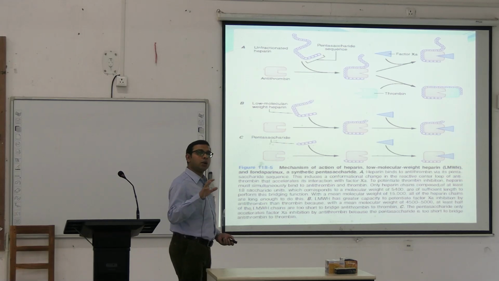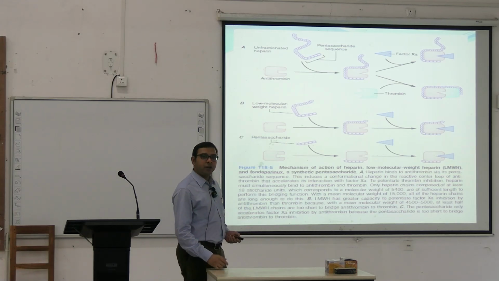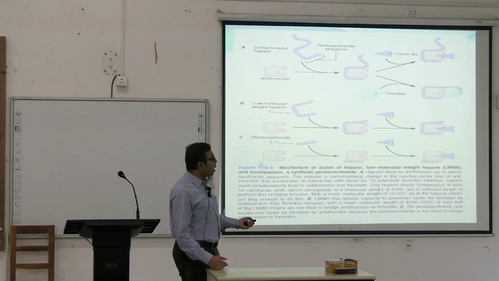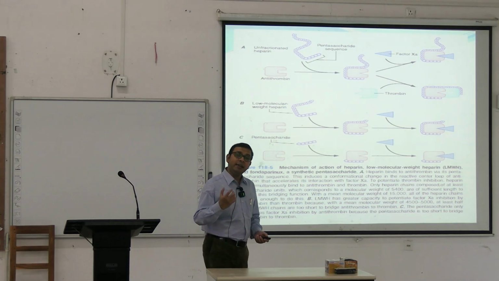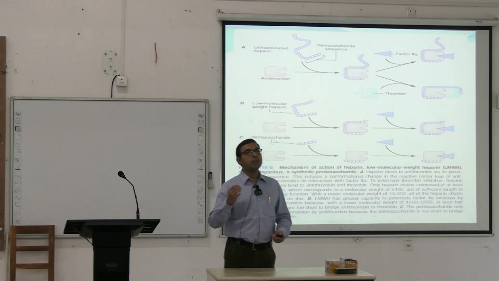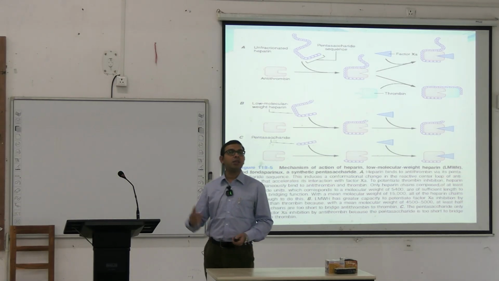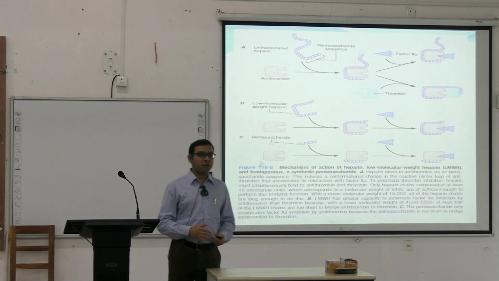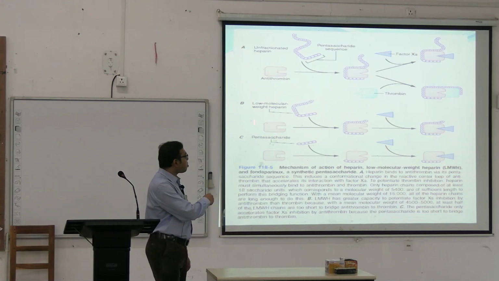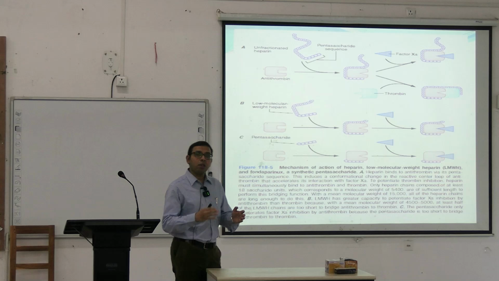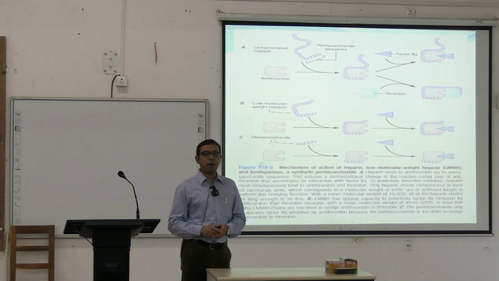It does not form the thrombin-antithrombin complex much, but forms the complex of factor 10A with the antithrombin, and there will be still lesser chances of bleeding and thrombocytopenia, etc. So that is the difference between unfractionated heparin, low molecular weight heparin, and the synthetic pentasaccharides.